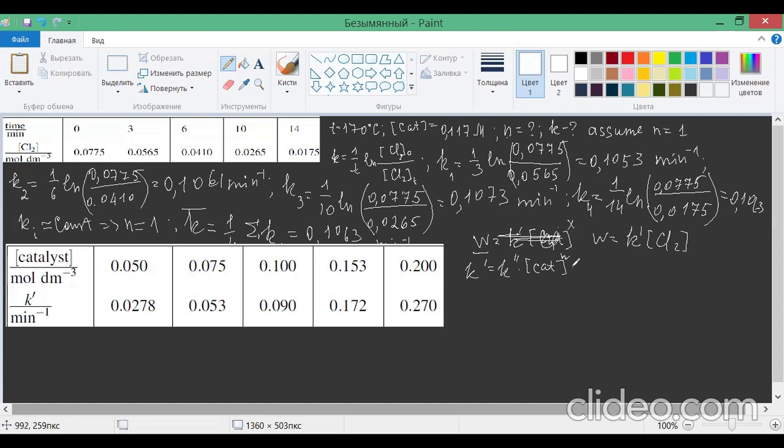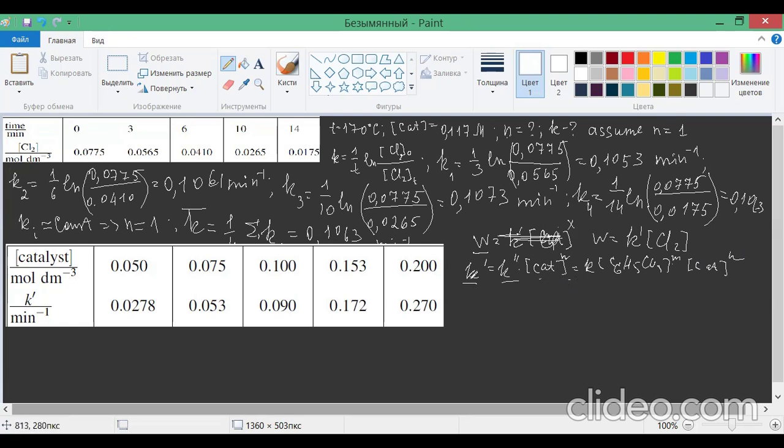In turn, k double prime is equal to k times the concentration of toluene raised to some power.